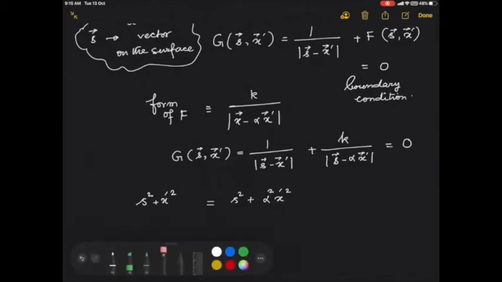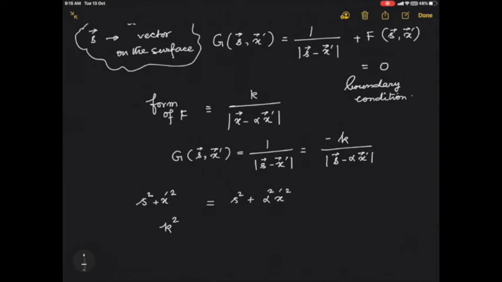You may think what I have done is I have written it this way. That is quite legitimate to do. And then I have squared them. So I get this, and I also get k square equals 1, for this to satisfy.